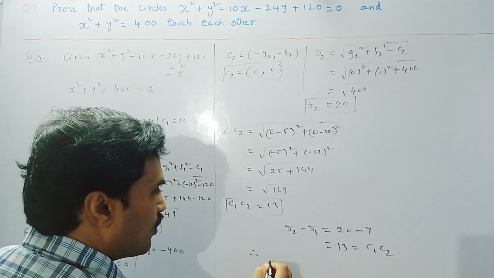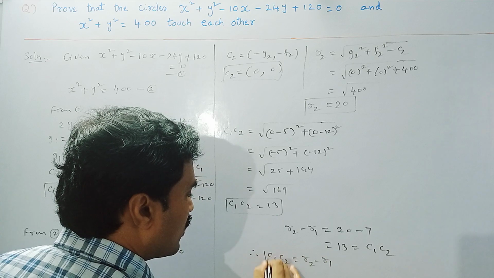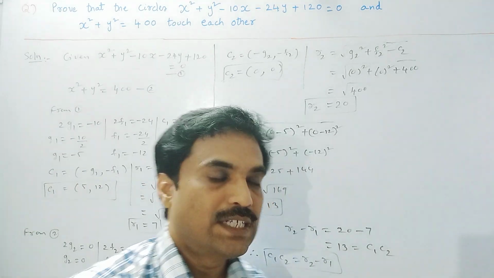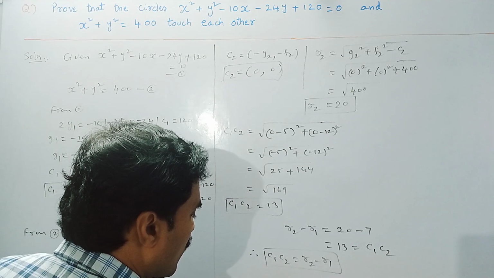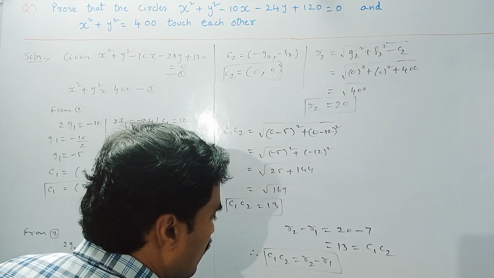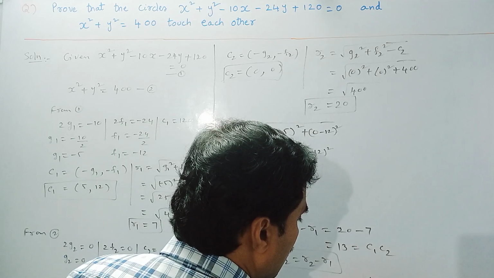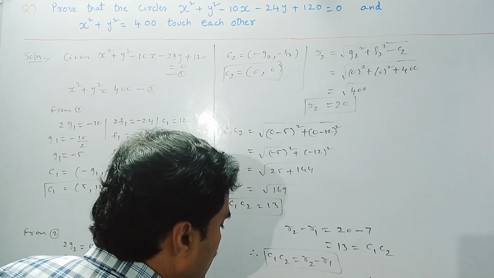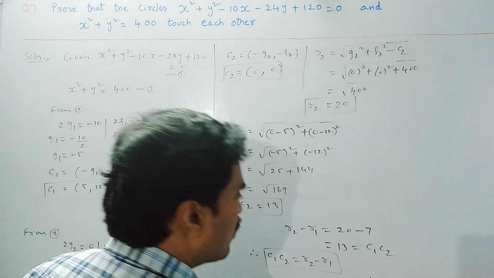Therefore you can conclude that C1 C2 equal to R2 minus R1. So from this you can conclude that the given two circles touch each other internally. Therefore the given circles 1 and 2 touch each other internally. This is what we have to conclude.